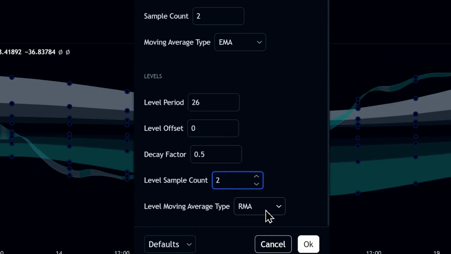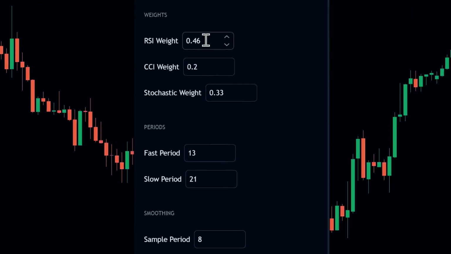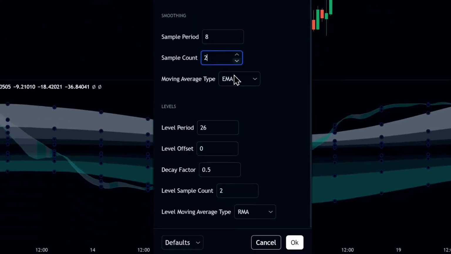For example, increasing the RSI period can provide a longer-term view, or adjusting the smoothing method can help filter out more noise. However, for the purpose of this video, I'll be keeping all the settings at their default values to keep things simple. Now let's see how the Pulse indicator can be used as a standalone tool.